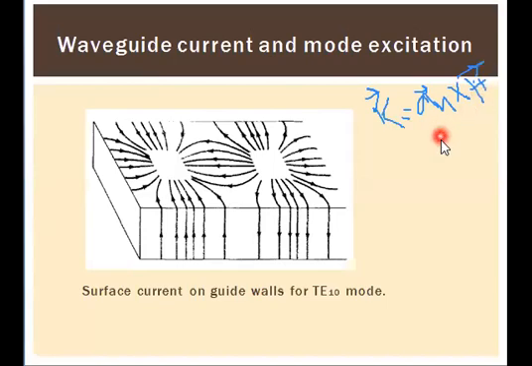The current flow on the guide walls for TE10 mode propagation can be found using the previous equation which I have discussed in previous lectures. The result is shown in this figure, and the surface charge density, that is rho s.